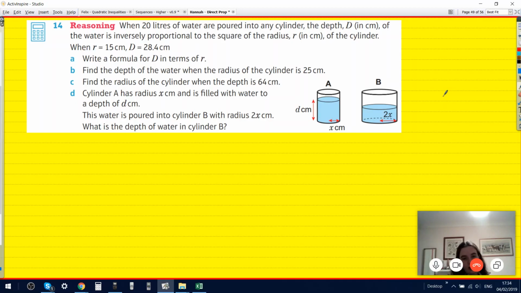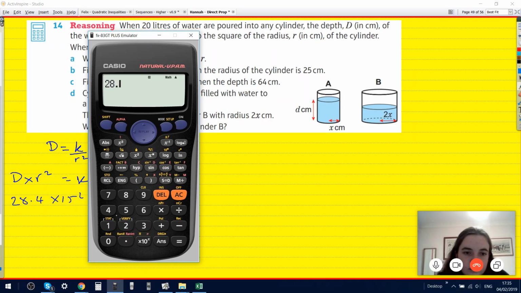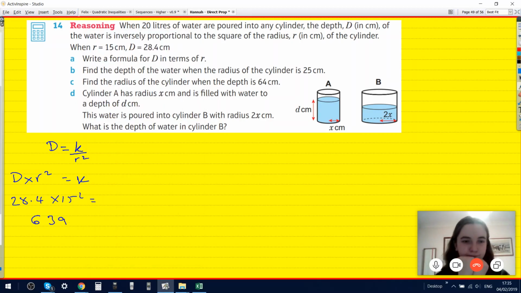D equals k over r. No, r squared. So k equals d times r squared. So 28.4 times 15 squared equals k.